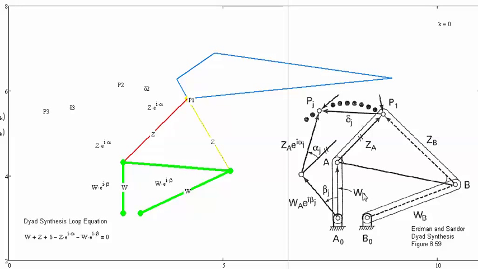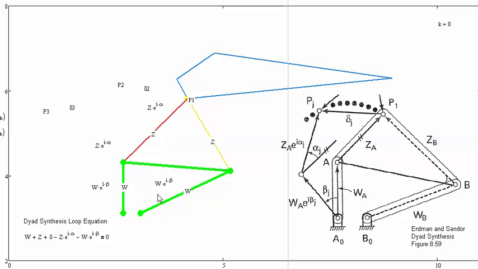This vector has the name W sub A, and we're going to call the left-hand side of this mechanism the A side of the mechanism, governed by point A0 and A. The right-hand side of this mechanism we're going to call the B side of the mechanism, and we have a grounded point B0 and a moving point, a pin joint B. And so on the left-hand side, a vector superimposed between A0 and A is called WA. On the right-hand side, there's another vector not shown that connects B0 to B, and we're going to call that one WB.